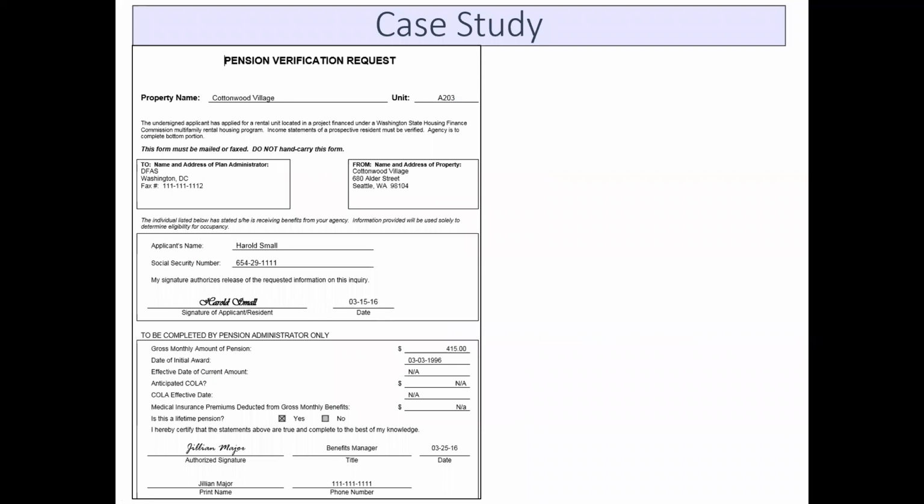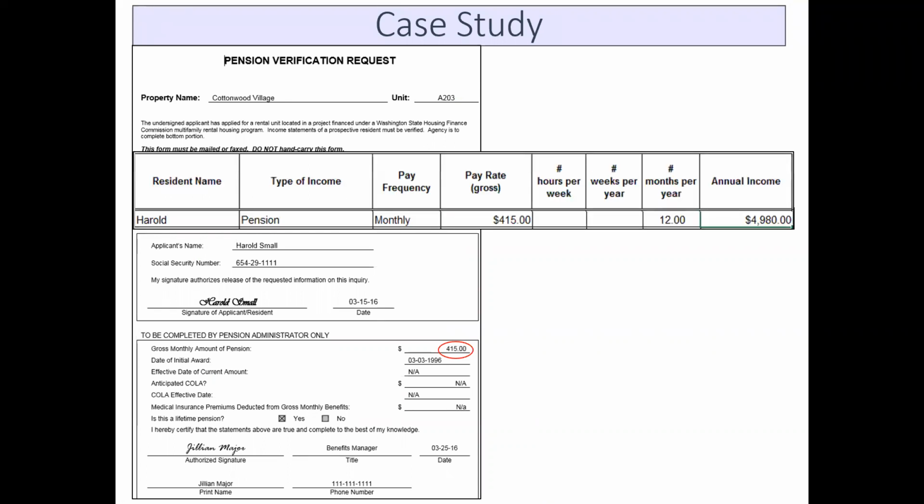So let's move on to Harold's pension account. The verification that we got back clearly says that it's $415 gross amount for the monthly benefit, and they're not expecting any adjustments to that. So we can go ahead and calculate, and on our HEC that would look like so.